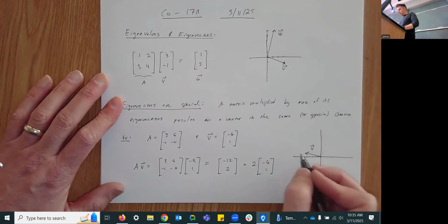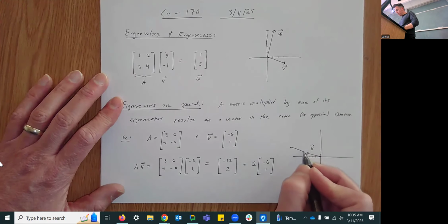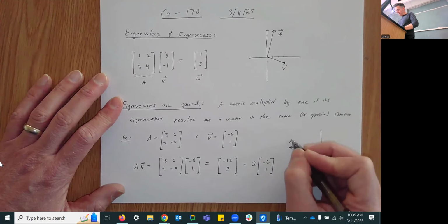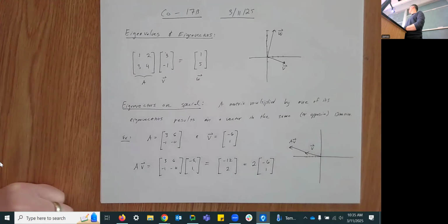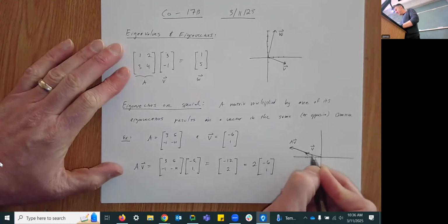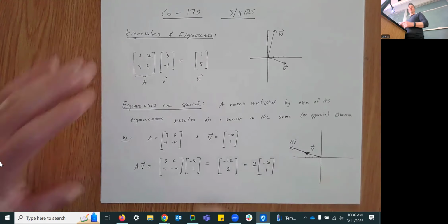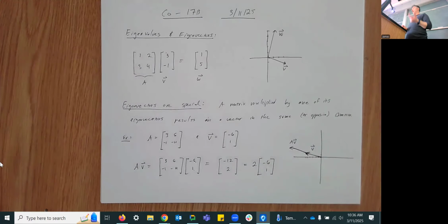And then we're just doubling it to get A times V. Those should look like they point in the same direction. They do point in the same direction. Again, the point being that the matrix times the vector just changes the length, but not the direction of the vector.